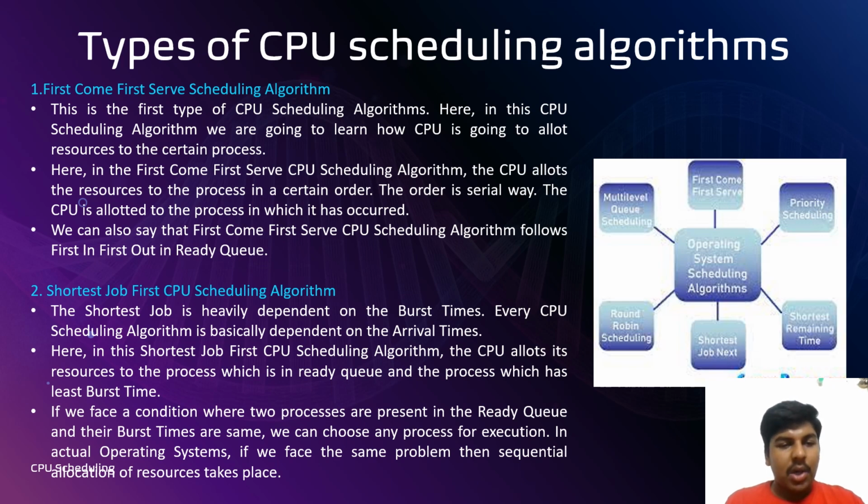The second one is the shortest job first CPU scheduling algorithm. The shortest job first is heavily dependent on the burst times. Every CPU scheduling algorithm is basically dependent on the arrival times. Here, the CPU allots its resources to the process which is in the ready queue and which has the least burst time.